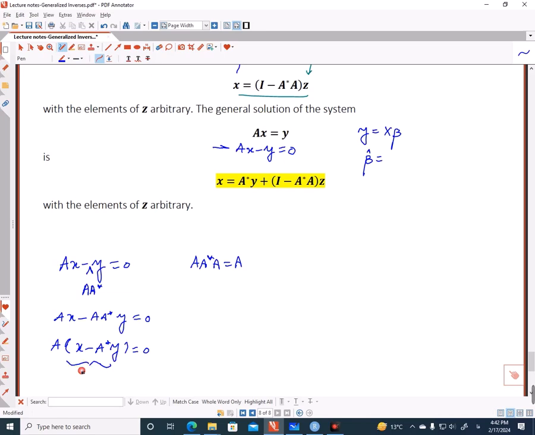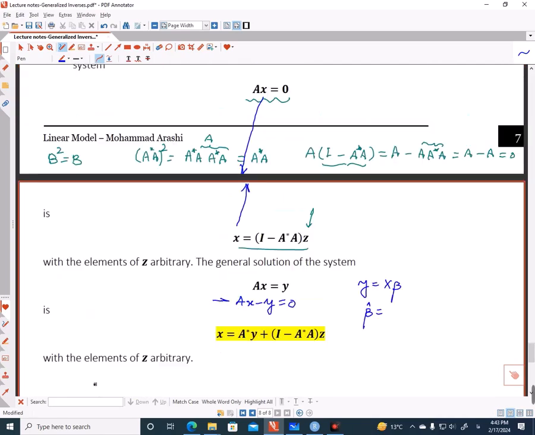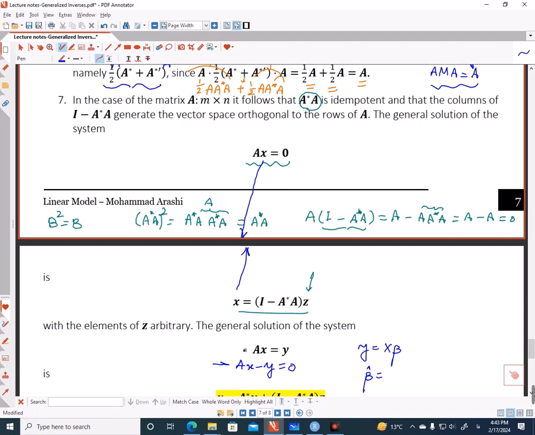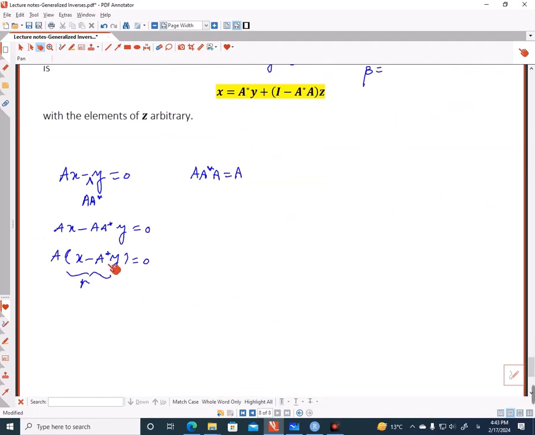Put this guy as something like R. From above, when Ax equal to 0, you can say x is equal to I minus the generalized inverse of this matrix times an arbitrary z. So here I can say R is equal to 0, so R is equal to I minus A star A z.